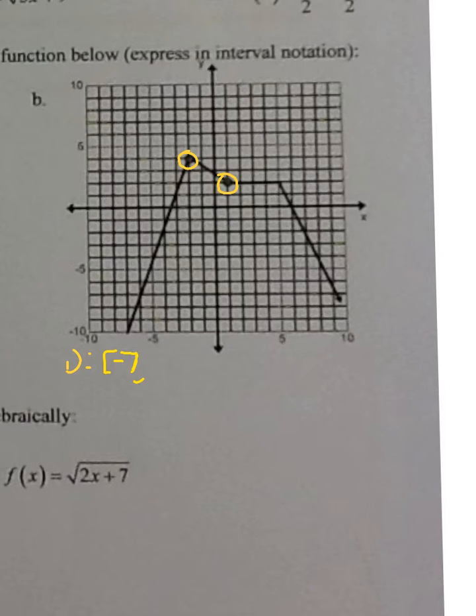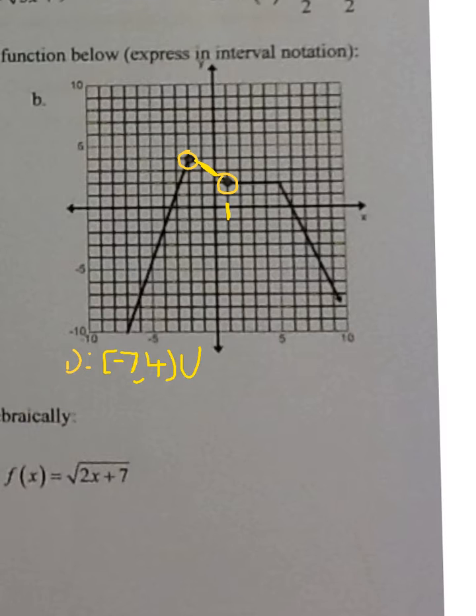Now, your x values keep going and going and going. And then when you get to this x value at negative 2, right, it's an open circle. So this x value here is not being used. And that'll be a parentheses because we're not using it. And then it's union.